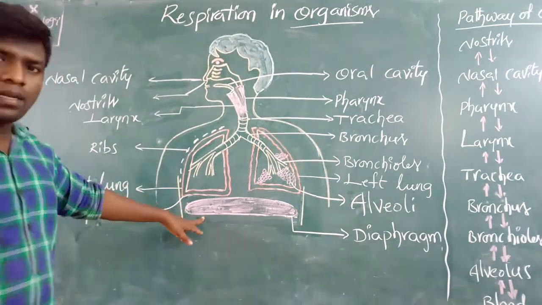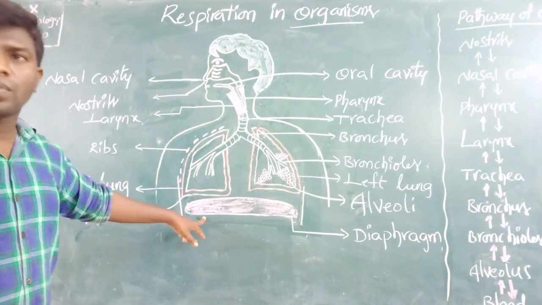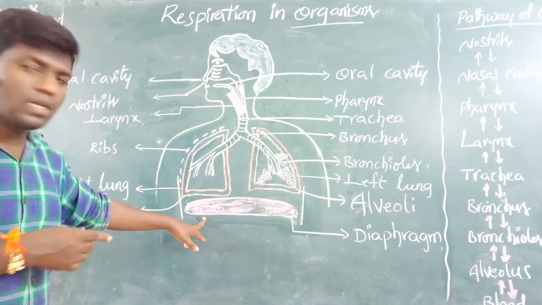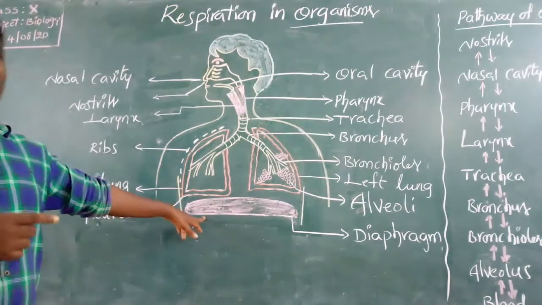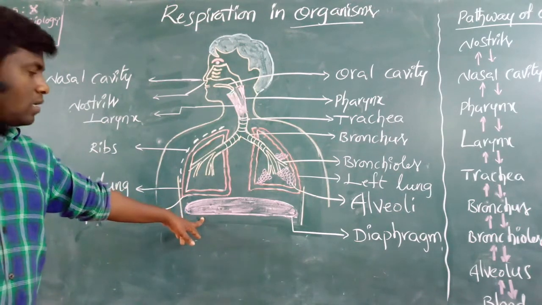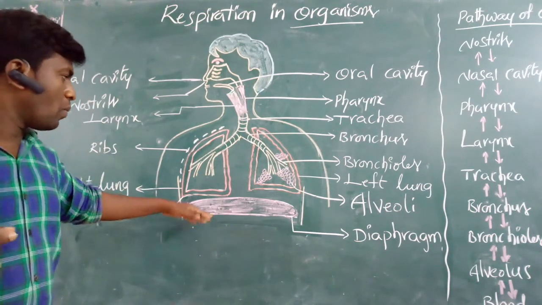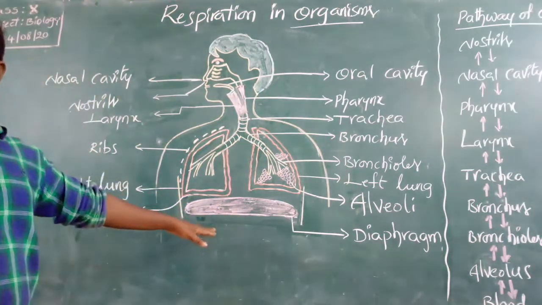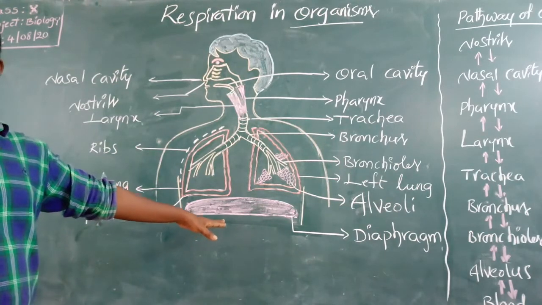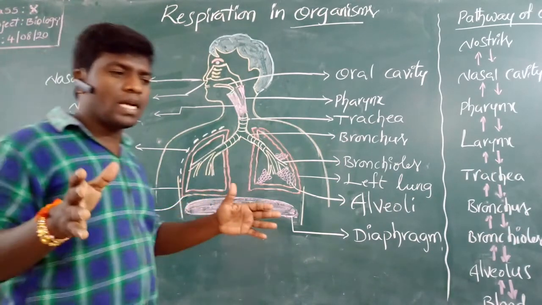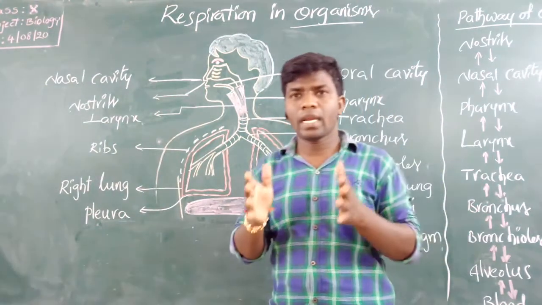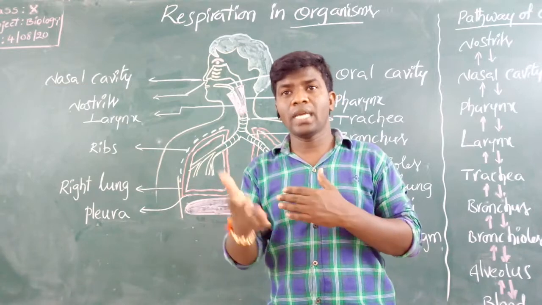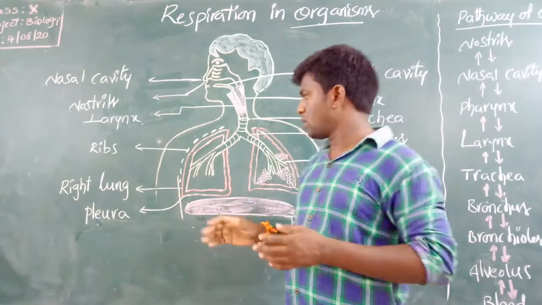Is it clear? This is the diaphragm. It is a muscular sheet below the lungs, called the diaphragm. The contraction and relaxation of its muscles plays an important role in breathing.